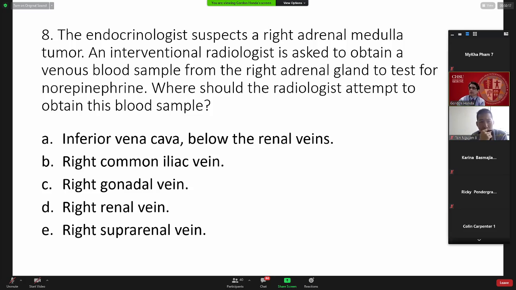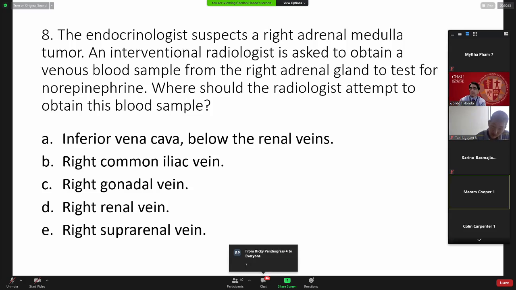Group 1, what do you think? Why do they have to go all this trouble to get the sample near the adrenal gland versus just from the arm? Go ahead.